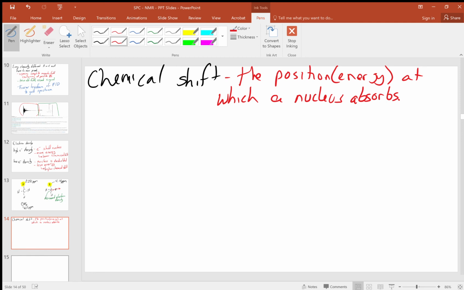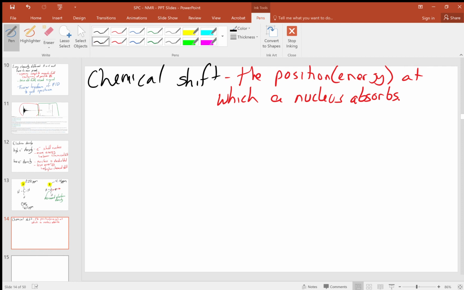Now, initially when an instrument takes a spectrum, it comes up with a value in hertz. And these values end up basically being relative to each other. So we have to do 2 things to make this data useful.